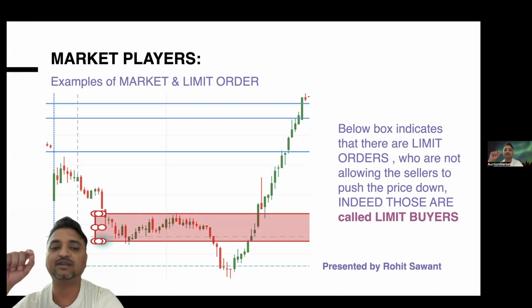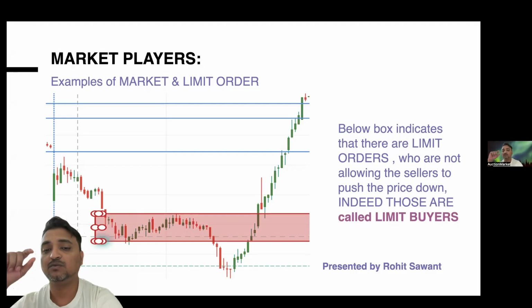Suppose, take an example, that for that particular box the price is 100 rupees, and limit sellers are only 50 and limit buyers are more than 1000. So whenever the sellers try to come, their quantity is very less, so that's the reason they're not able to push the price down. For that particular time the price got stuck over there.